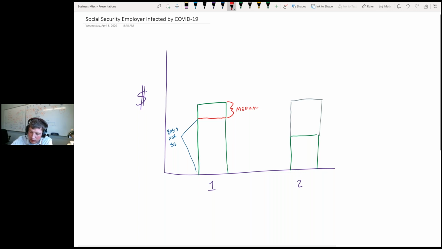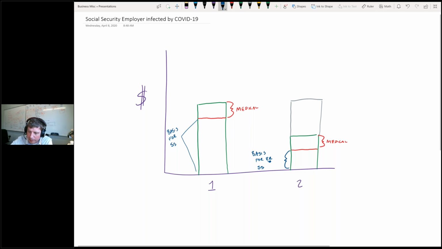We would take out the medical from that, and this would become the new basis for the employer Social Security, because under the Act, COVID-19 wages are not subject to the Social Security taxes. Okay, well, that makes sense. So far, so good.